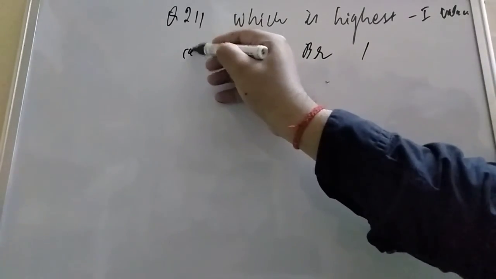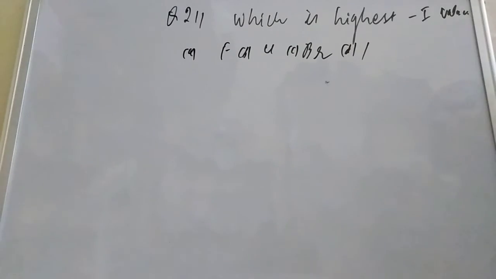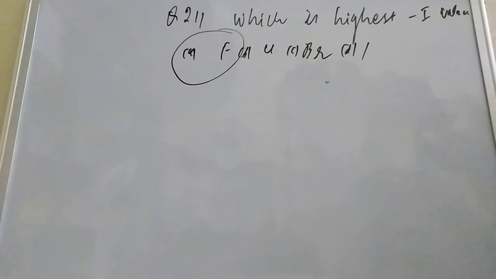Minus I value means how easily the electron withdrawing group attracts the electron. That is fluorine, which will be our answer. This is how we can determine the acidic strength and basic strength of any acid with the help of the electronegativity difference.